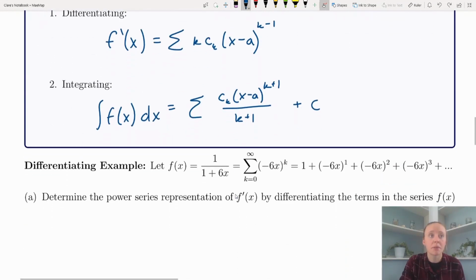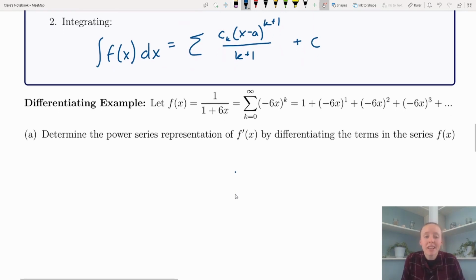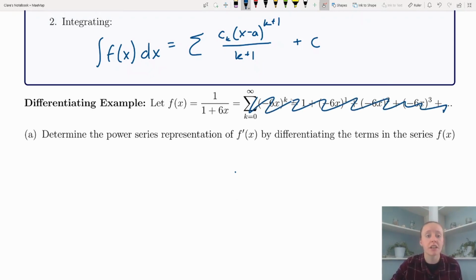So let's go ahead and jump into my first example, my differentiating example. So I said let f of x equal 1 over 1 plus 6x. So even if you couldn't see all of this over here, we can see that that's a over 1 minus r, where r is going to be a negative 6x. So this is negative 6x to the k, r to the k. So it's some geometric series.